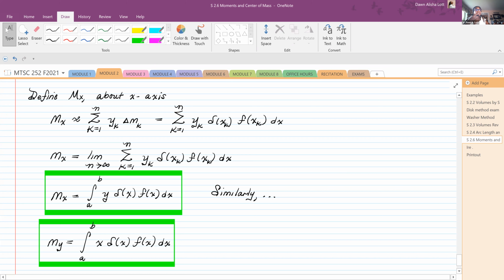Let me go back and fix that. So bear with me. We're going to do the moment about the y-axis first, so I'm going to change these to y's. Just bear with me. And the reason why I realize this is not correct is because it does not match my notes.